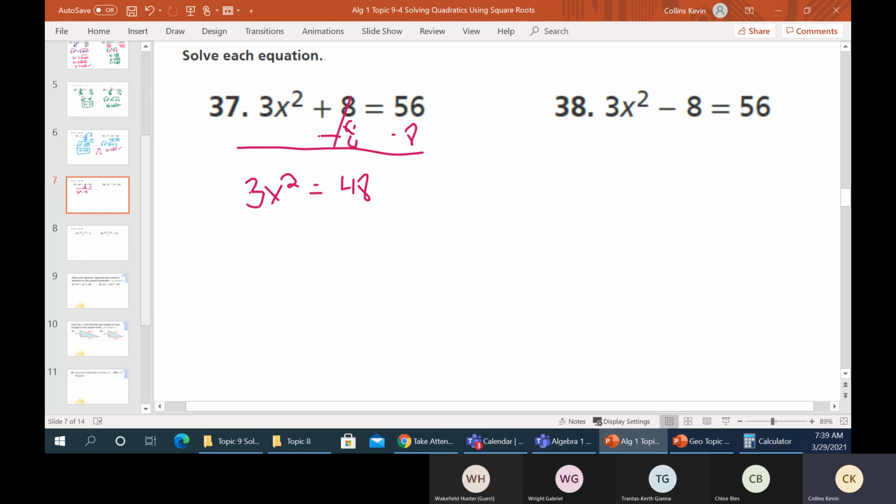Cool. All right, so then standard procedure says, well, let's divide by the 3. Get rid of the number in front of the x squared, right? Okay. So we'll have x squared equals 48 divided by 3.